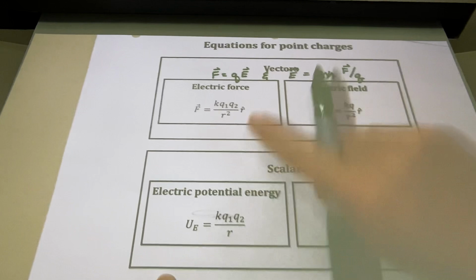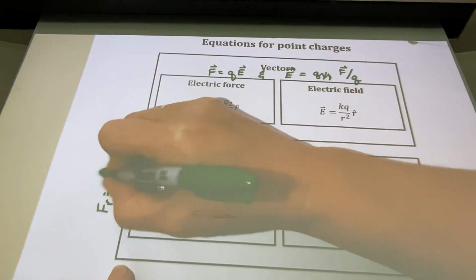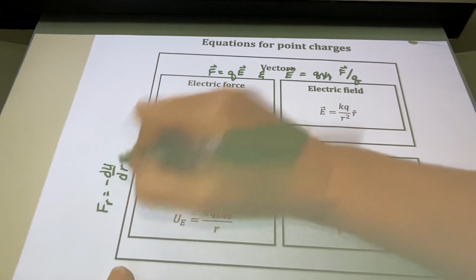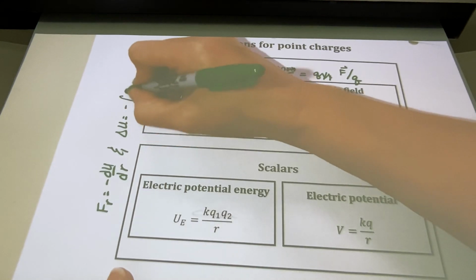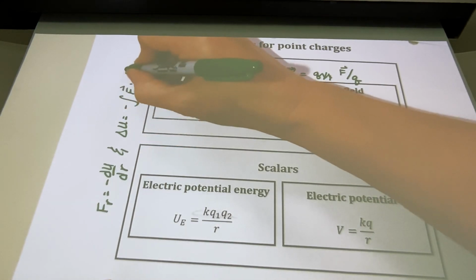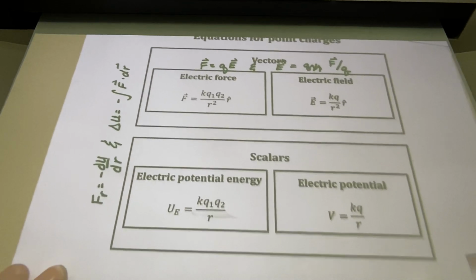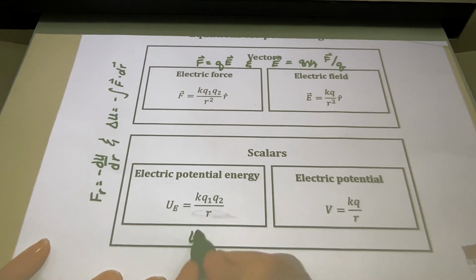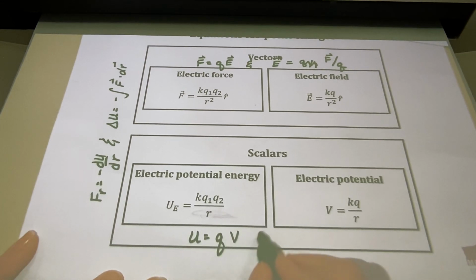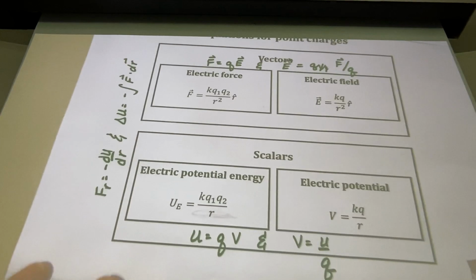Our relationship between force and potential energy is that some component of force is the change in potential energy with respect to space, or delta U is the integral of force over space. Okay, so there's our relationship between force and potential energy. Between potential energy and potential, we know that U is equal to Q times V, and V is U over Q. Okay, so those were ones we had all covered before today.